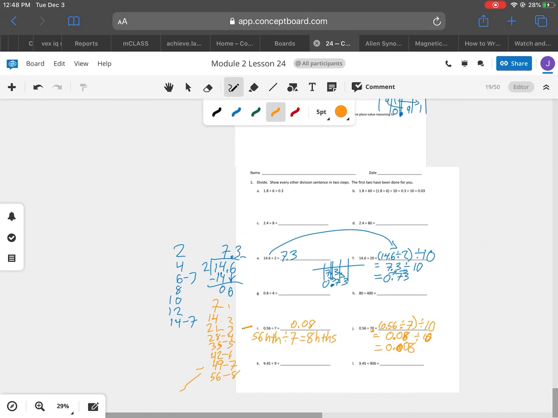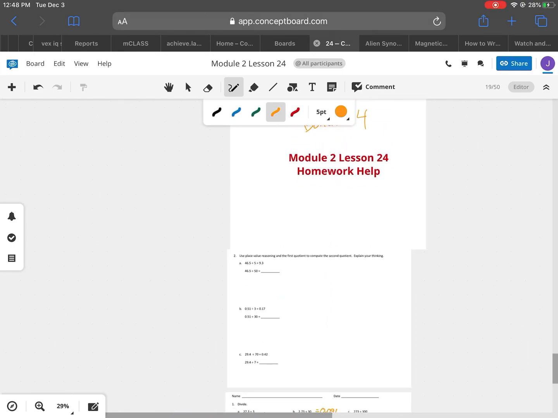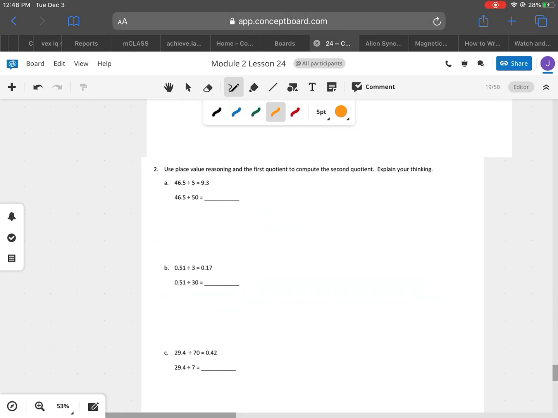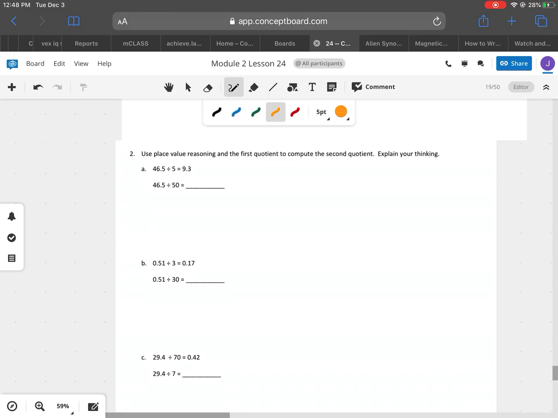Alright, so now let's go back to explaining. So if you look at these two, you should see that the only difference is what we're dividing by. So my answer here is basically going to be divided by 10 to give me this answer.